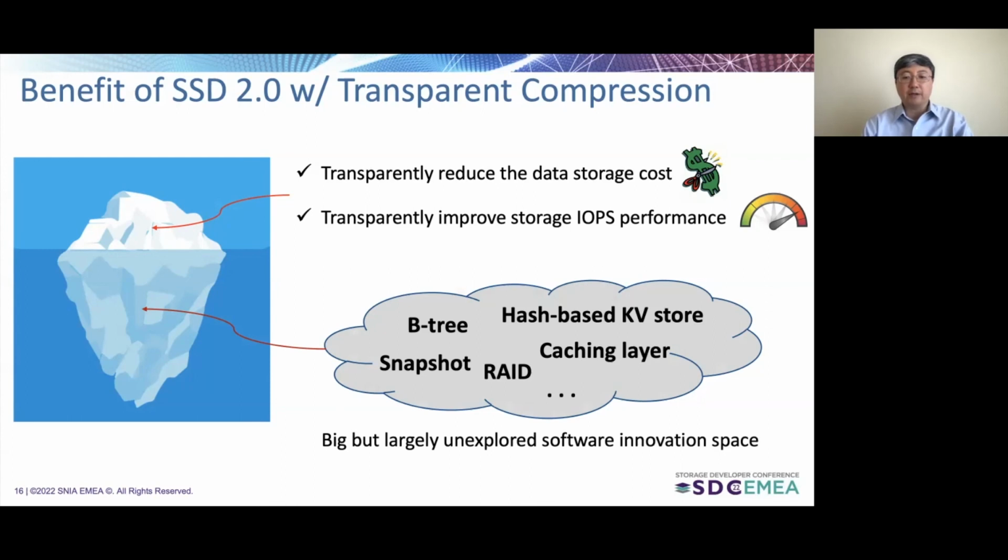And we have been exploring how to rethink the implementation of many other data management functions, such as hash-based key value store, caching, snapshot, and RAID in this era of SSD 2.0 with built-in transparent compression.